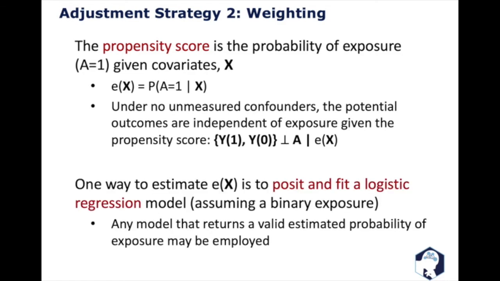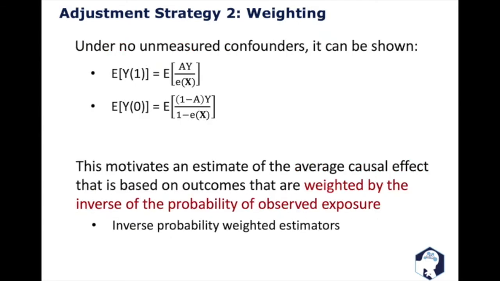So now one way to estimate the propensity score e(X) is to posit and fit a logistic regression model, assuming that we have a binary exposure variable. Although recently there's been a lot of work using more flexible machine learning models to estimate propensity scores. And so in fact, any model that returns a valid estimated probability of the exposure may be employed for modeling the propensity score.